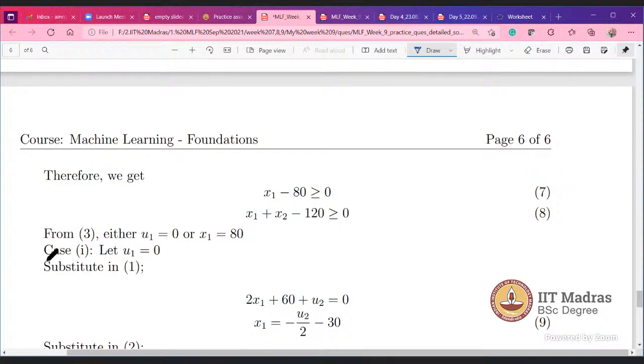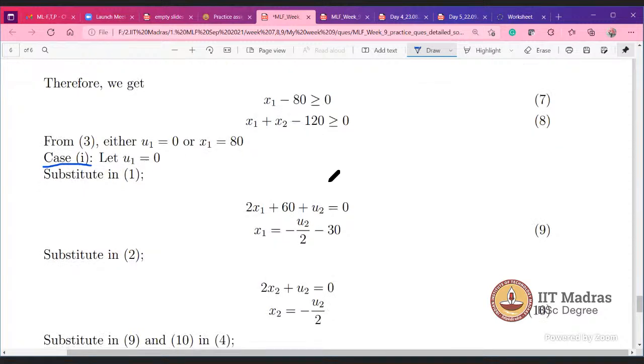If you get some solutions from case one, you should not leave out the other case. Like in the previous week's practice problem with 4 cases, you check them one by one and verify whether they satisfy all 4 KKT conditions. This is simple. Go and substitute in the formula, starting with the stationarity condition.